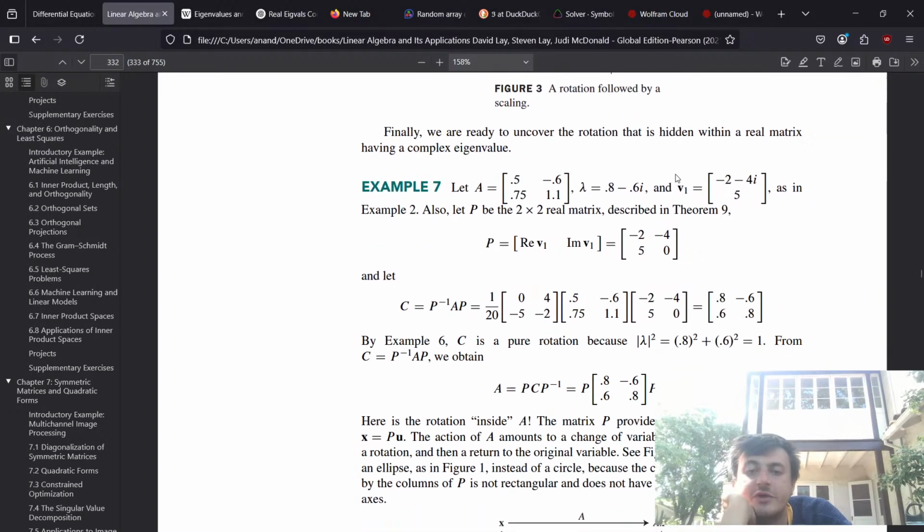Alright, so here's the final important part. Let P be the 2 by 2 real matrix.